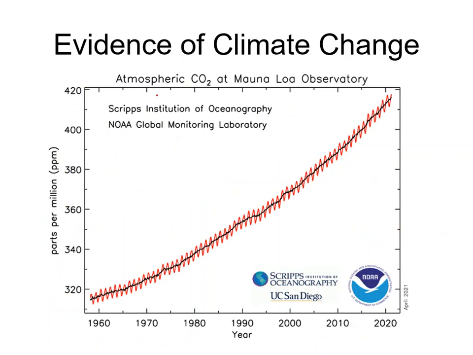Here is atmospheric CO2 data from an observatory in Hawaii, and the red line is the actual CO2 concentration in the atmosphere. Here's the infamous 400 parts per million that we've blown past in the past 10 years. We're well above that. We're approaching 420 parts per million now. The trend line is in black on top of it.